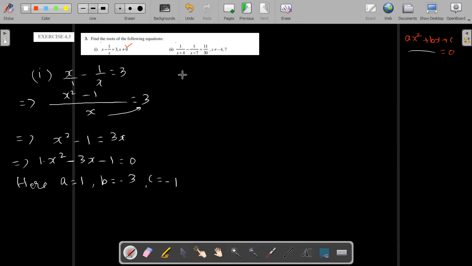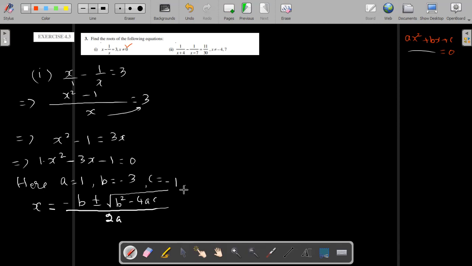Okay, then the formula is, oh sorry, x is equal to minus b plus minus under root b square minus 4ac divided by 2a.